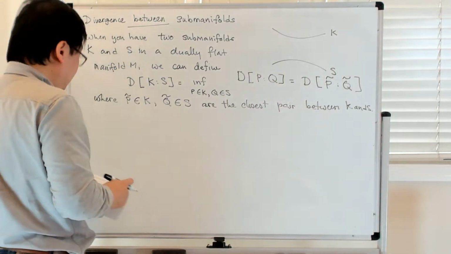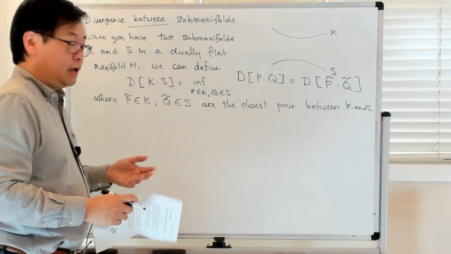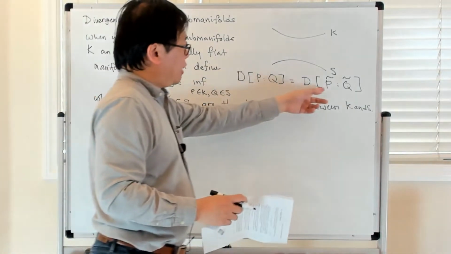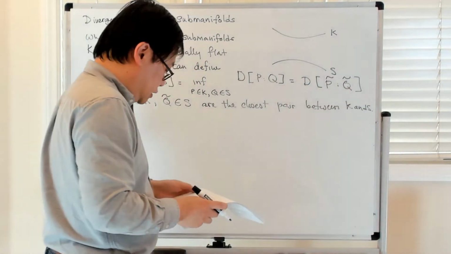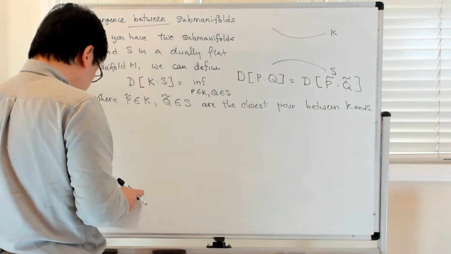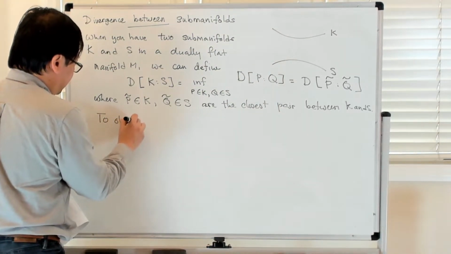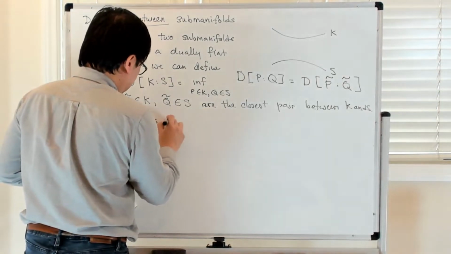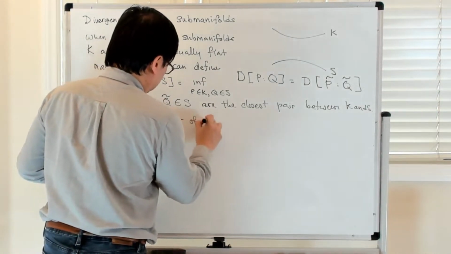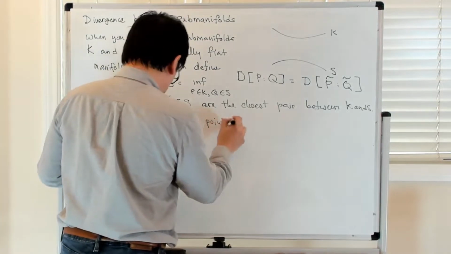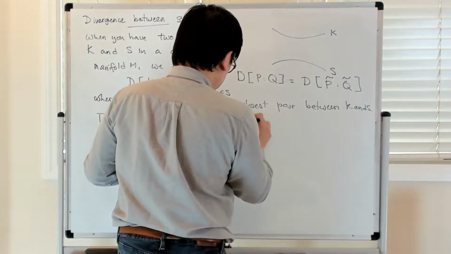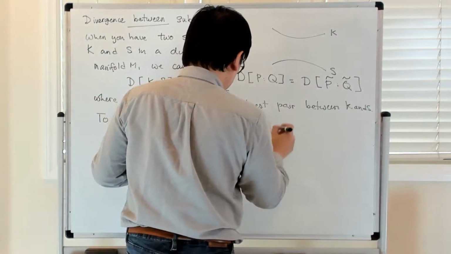Okay, so you can ask, well, how do you go about trying to figure out this pair of points P tilde and Q tilde, right?